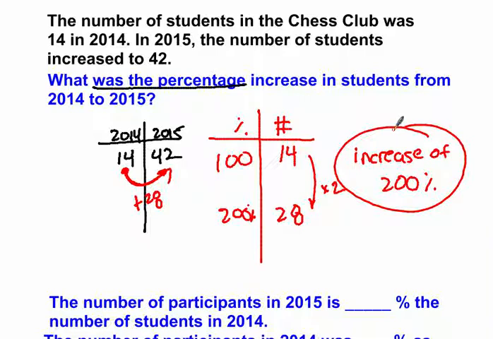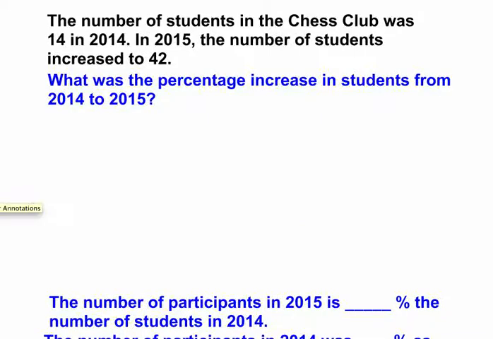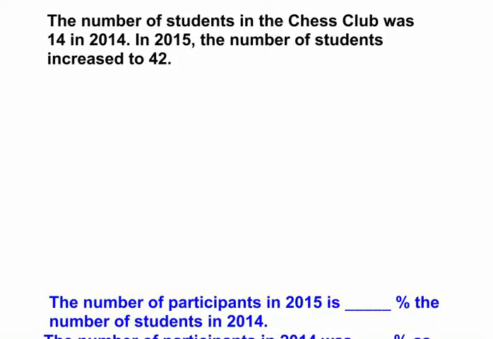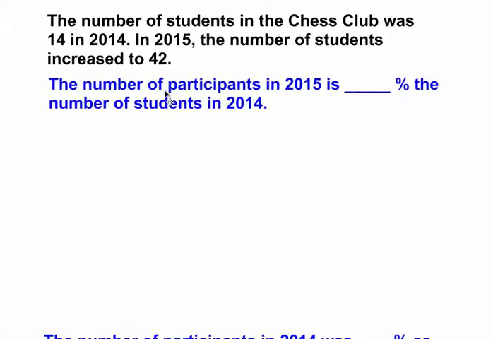Let me just clear. And now I'm going to get rid of this question and pull up a new one. The number of participants in 2015 is what percent of the number in 2014? So if we go back to that 2014-2015 ratio table, we went from 14 to 42.